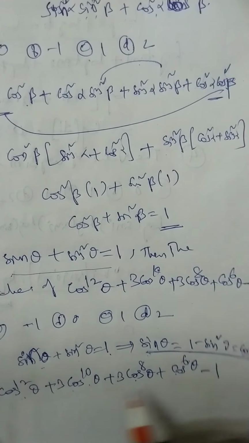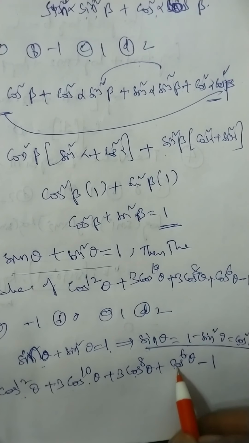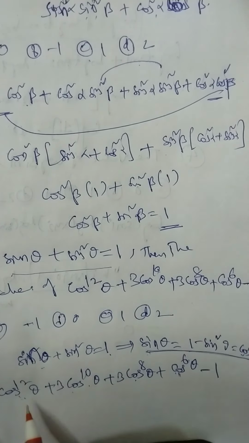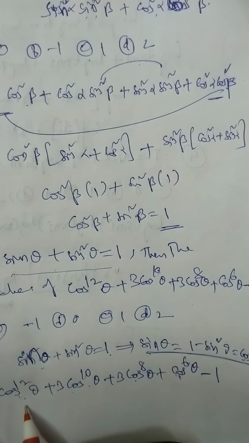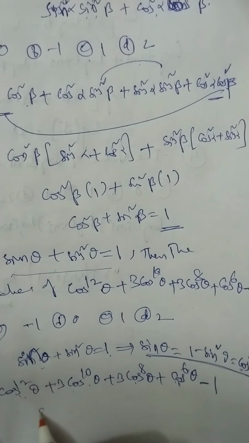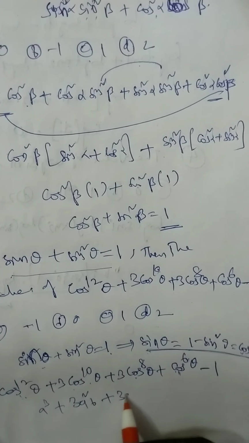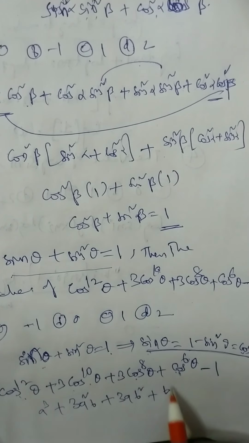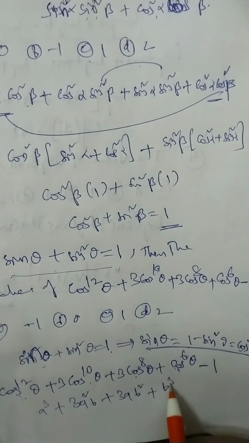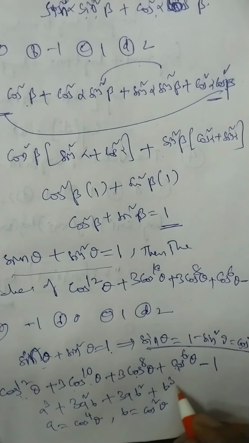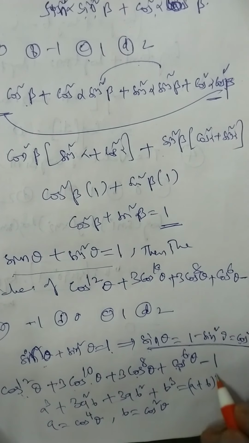So from the beginning to the ending of this term, it's similar to the expression of the algebraic formula of the form a cube plus 3a square b plus 3ab square plus b cube. Where a is taken as cos square of 4 theta, b is taken as cos square theta. So the sum of this value is nothing but a plus b whole cube.